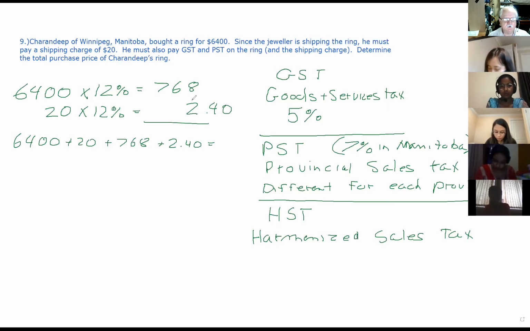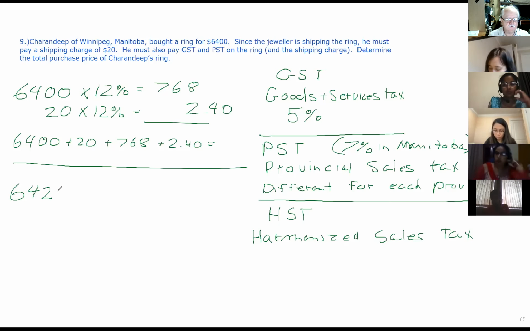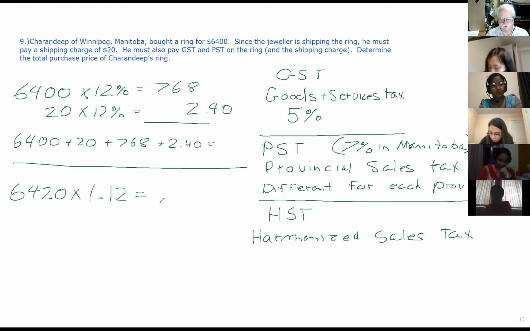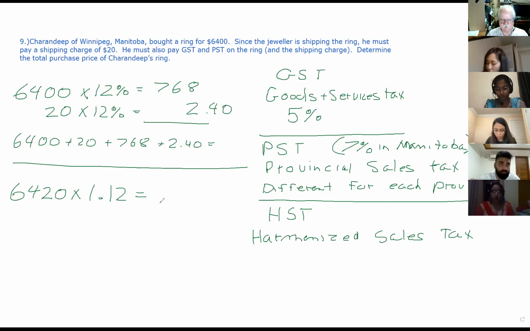Now, another way we could have done this is we could have taken the 6,400 plus the 20, so 6,420 times 1.12. So let's do it both ways and see if we get the same answer. 6,400 plus 20 plus 768 plus 2.40.